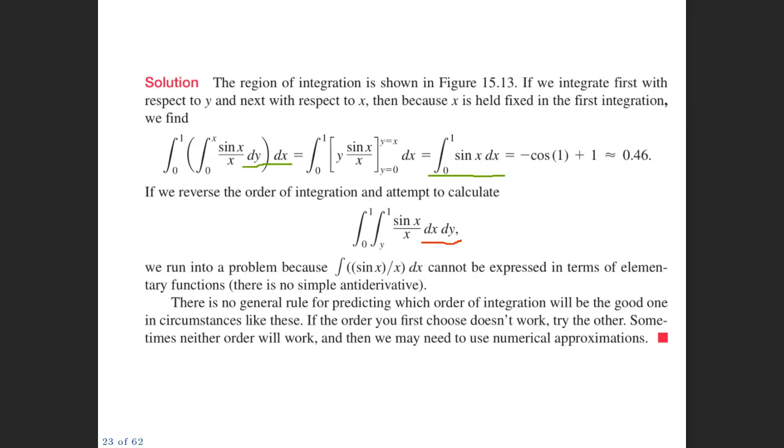And that's not easy. In fact, if we do the integral with dx dy, this is a hard calculation to do. Do the integral dy dx, and it's actually easy.